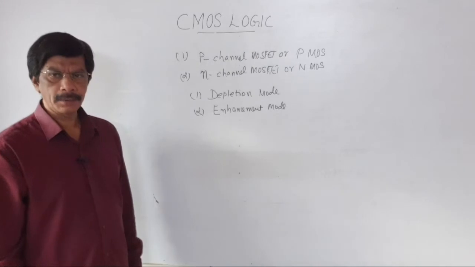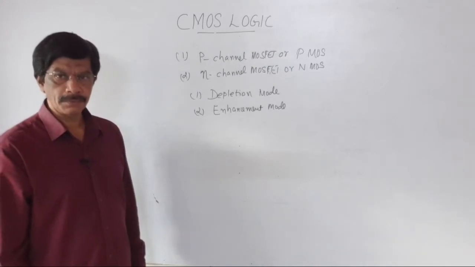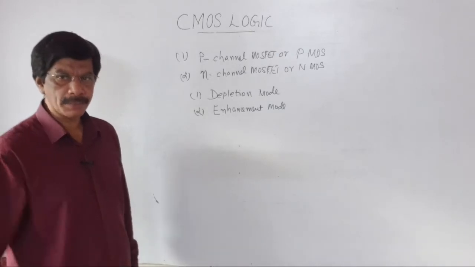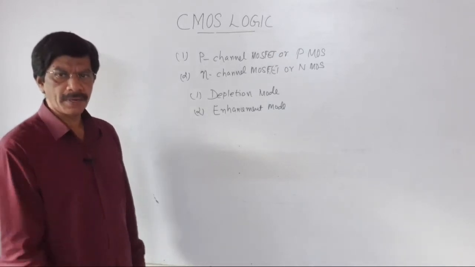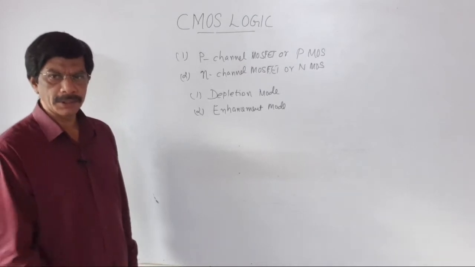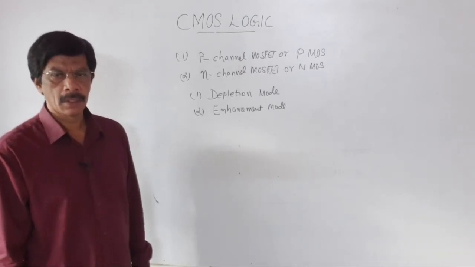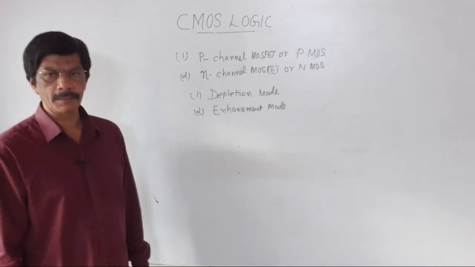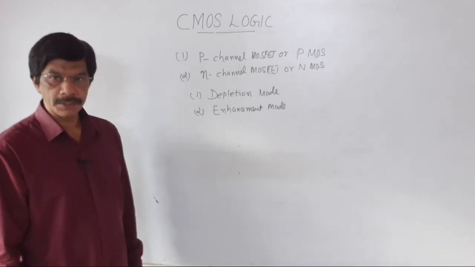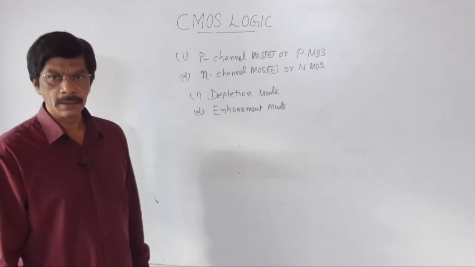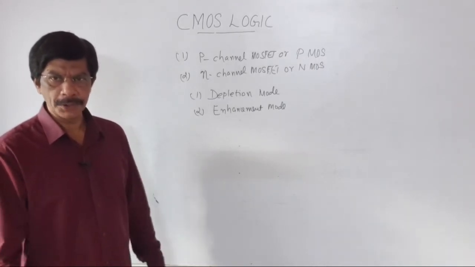To integrate more complex circuits within small space and to reduce the power consumption, MOSFET transistors are preferred rather than bipolar junction transistors. The important characteristics of CMOS circuits are that switching speed is very high, fan out is also very high, and noise margin is also appreciable.